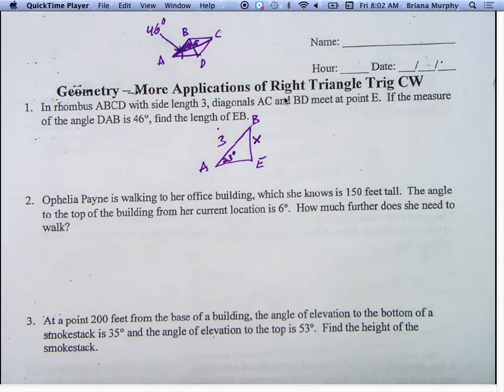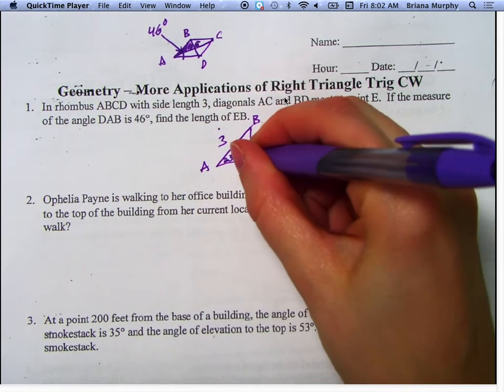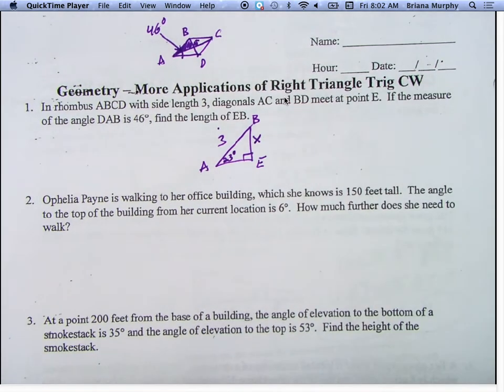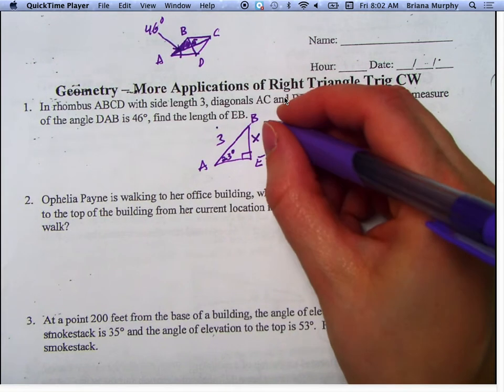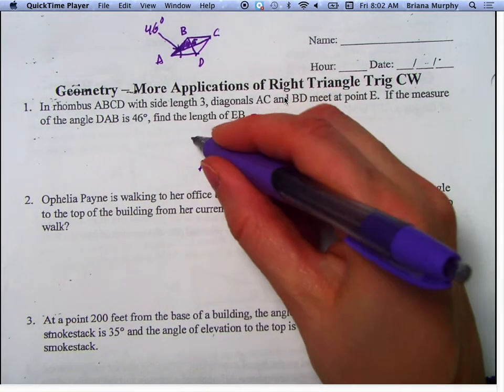We know that the diagonals of a rhombus meet at 90 degrees. So that's how I can get to here. All right, now we're just going to label it. This is my opposite and hypotenuse.